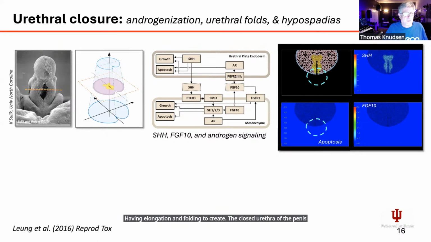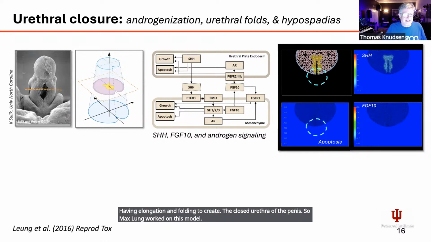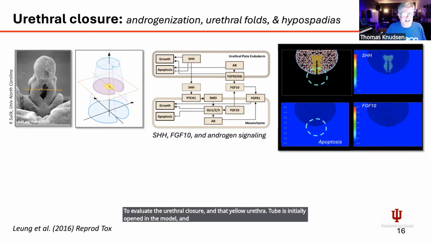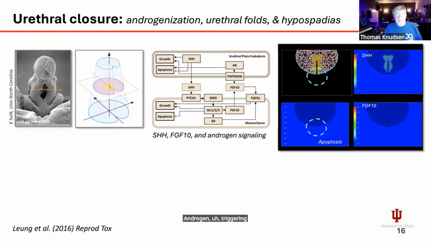So Max Lung worked on this model, developing it in CompuCell3D. He came up with a schematic to evaluate the urethral closure, and that yellow urethra tube is initially opened in the model, and it's surrounded by mesenchyme that's sensitive to androgen triggering. And the signaling network that controls this is shown in the middle.